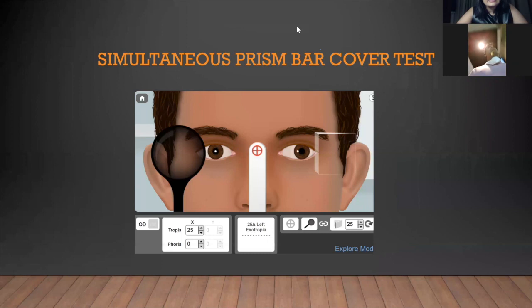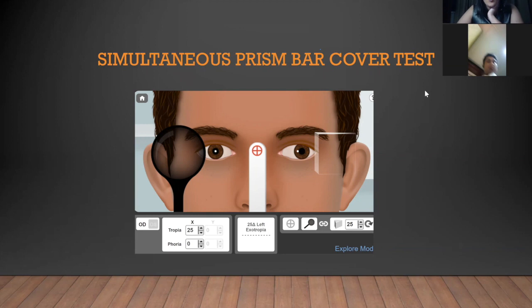The last test in the cover tests is the simultaneous prism bar cover test or SPCT. Simultaneous meaning you simultaneously use an occluder and a prism, and this assesses only the tropia or the manifest squint component. So your prism bar alternate cover test gives you the final amount of tropia plus phoria.